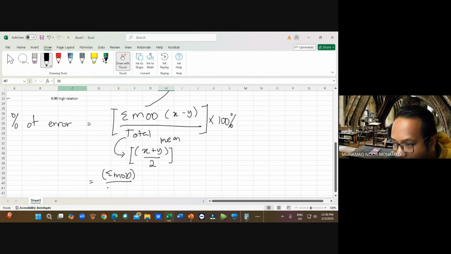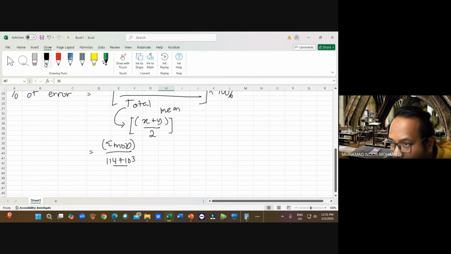Divide by total mean, which is 114 plus 103 divided by 2, times 100 equals 11 divided by 114, 103. Now we have 217.